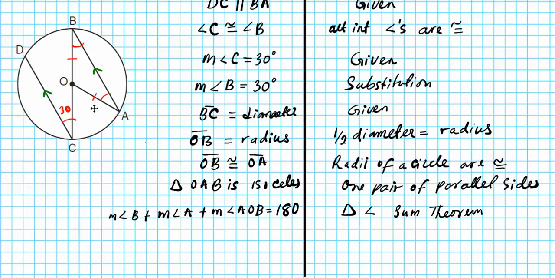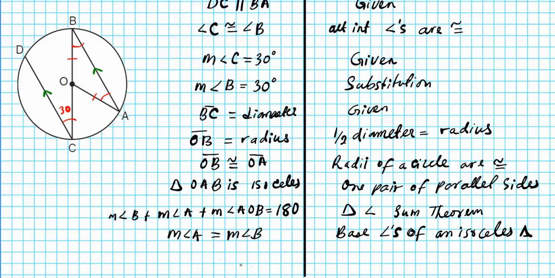Now, what else can we deduce? Well, since this is an isosceles triangle, these two angles are congruent. I indicated that earlier. So measure of angle A is equal to measure of angle B, and the reason is they're base angles of an isosceles triangle.